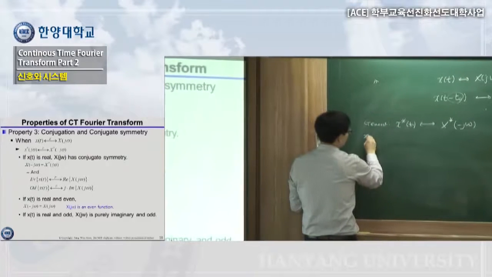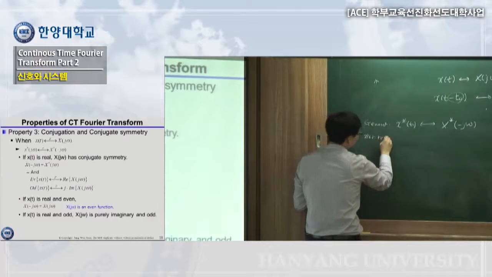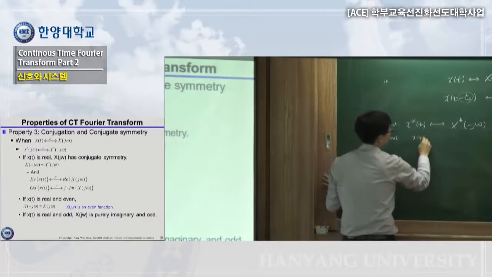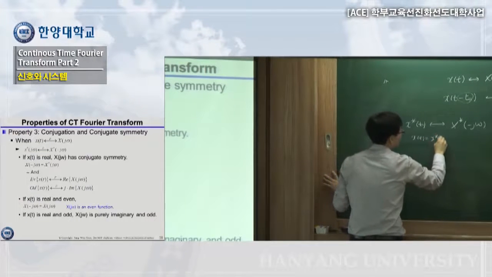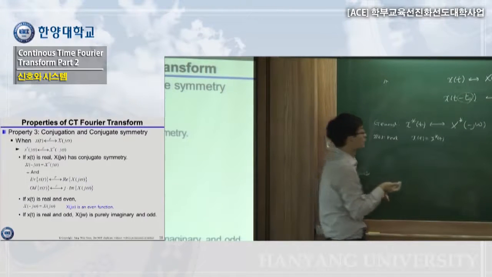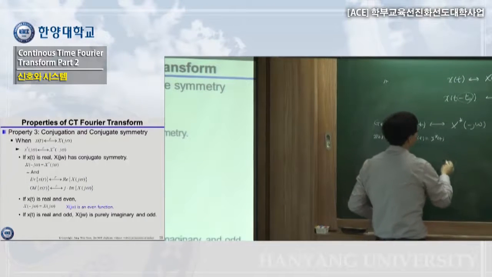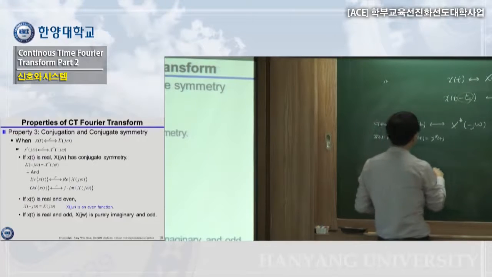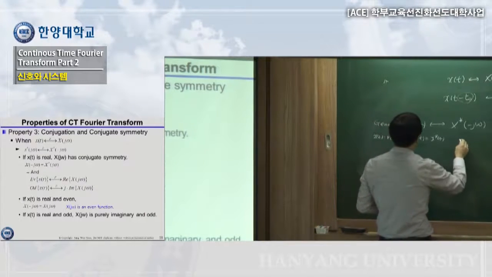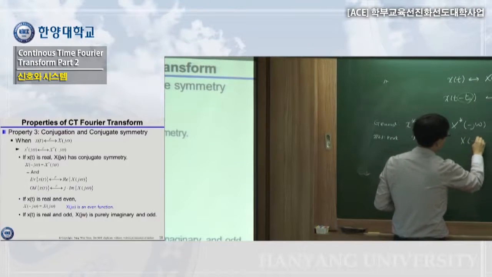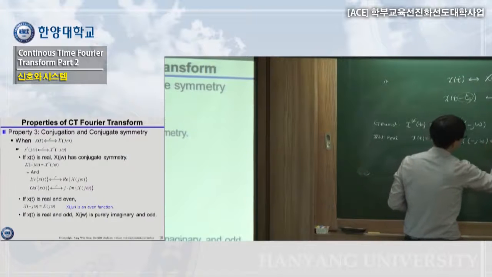If x is real, what happens? x equals x conjugate. Is it right? So using this relationship, we will find out that X(minus j omega) equals X star(j omega), I think. Is it right?